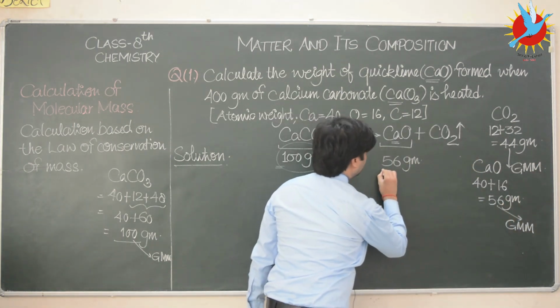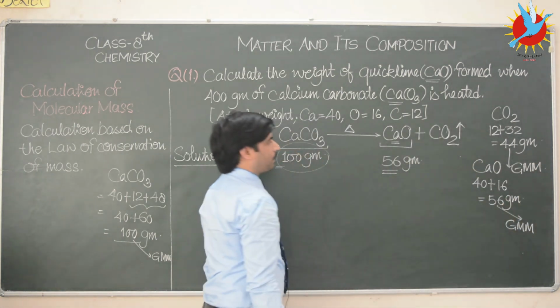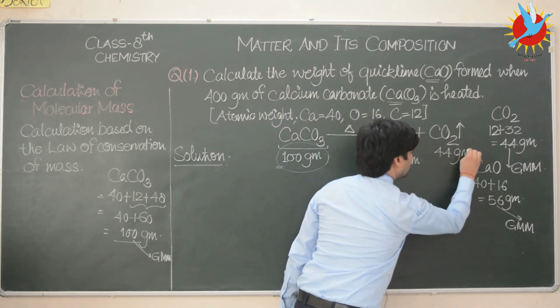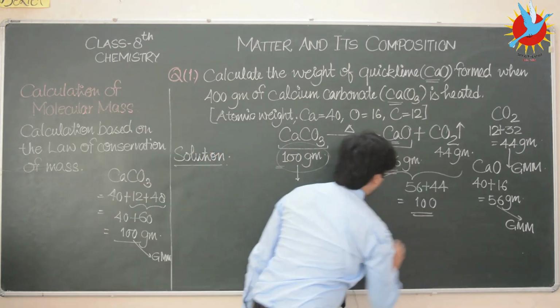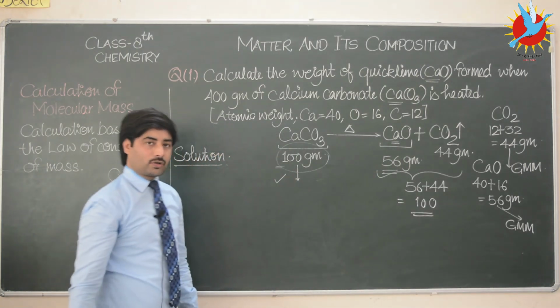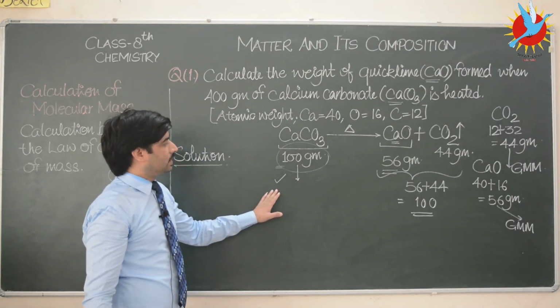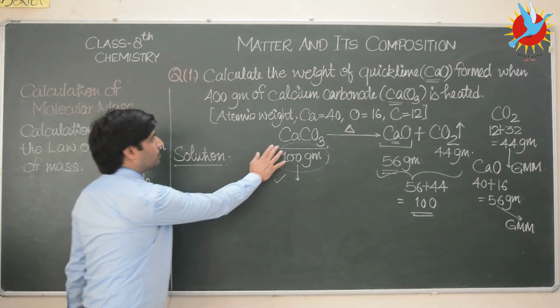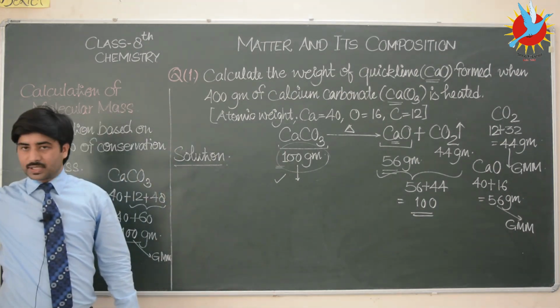So along with 56 gram of calcium oxide, we are getting 44 gram of carbon dioxide. Both side, the total mass is equal. That's why we can say this is according to law of conservation of mass.